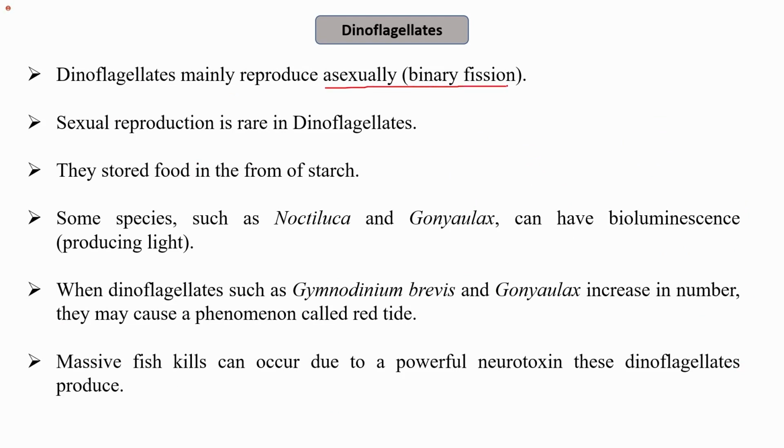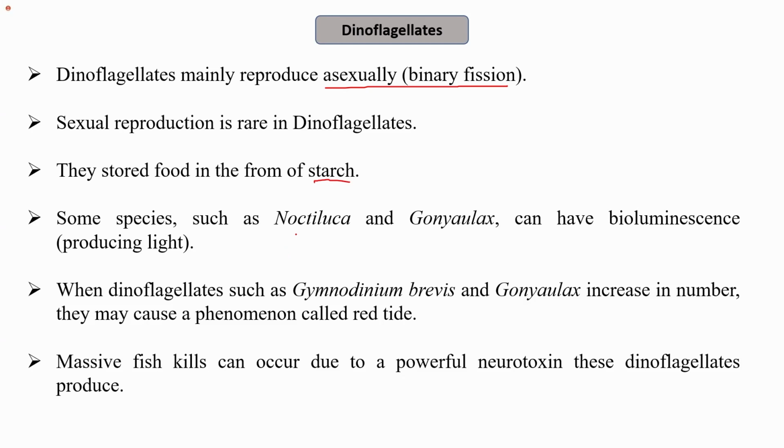There is no lid or hypotheca-like structure. They simply reproduce through binary fission asexually. Sexual reproduction is rare, while in diatoms, at some stage they have to undergo sexual reproduction when they reach a minimal size, right? They store food in the form of starch, while the diatoms store food in the form of leucosin and oils.